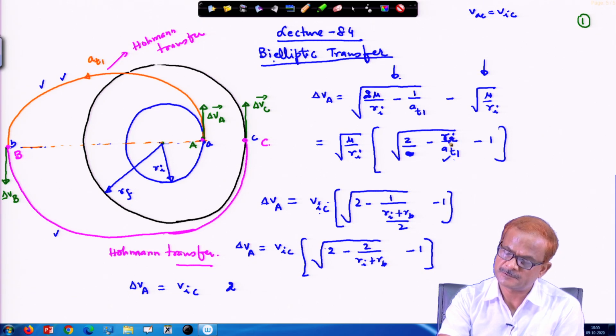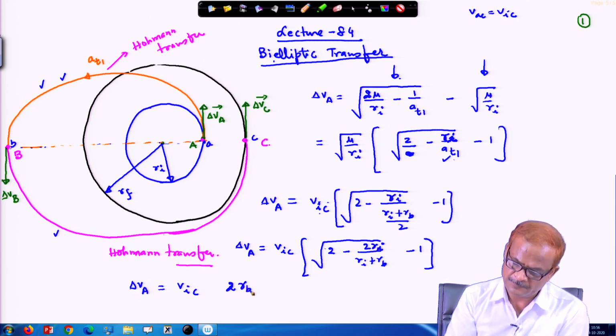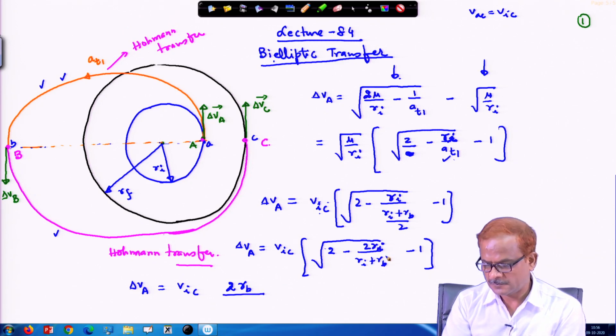This part is missing, r I, and here 2 r I. So, 2 r I means we get 2 r b divided by 2 r b, 2 r I cancels out.